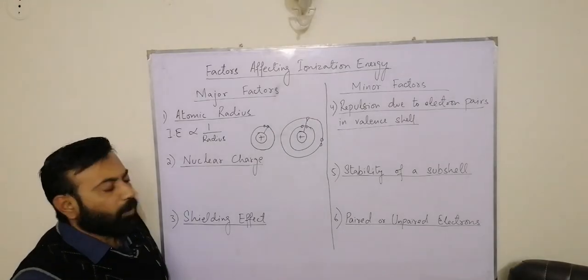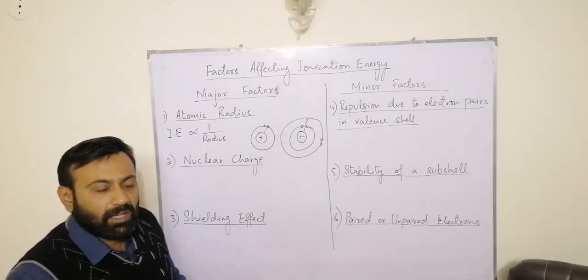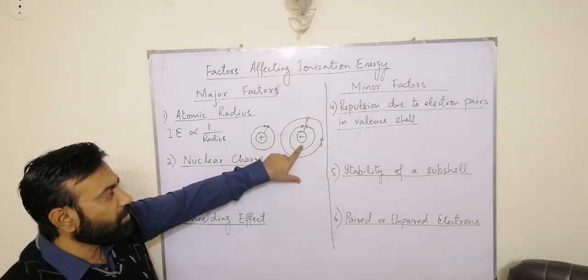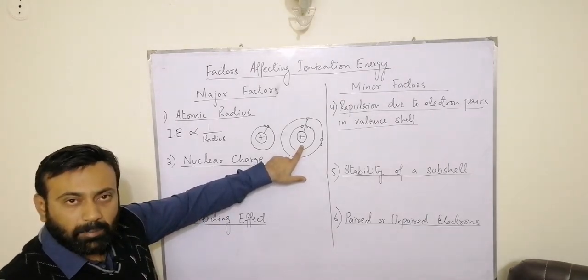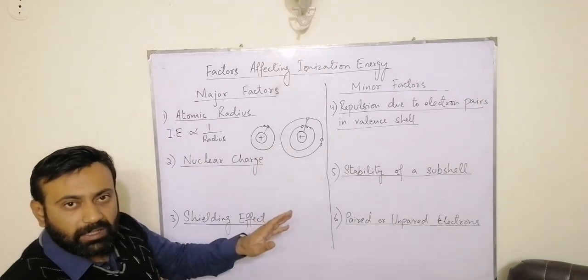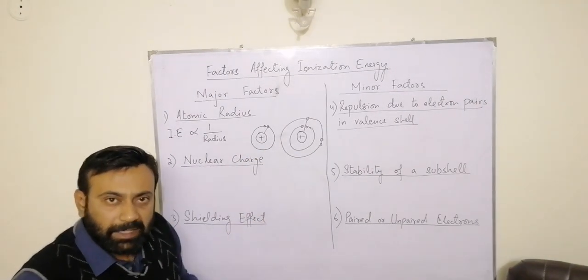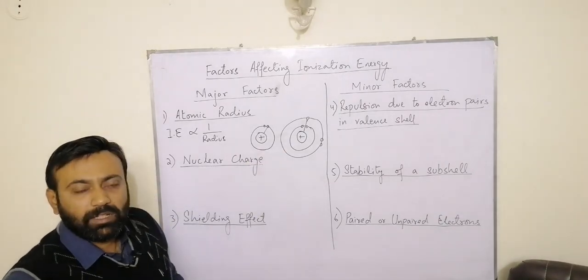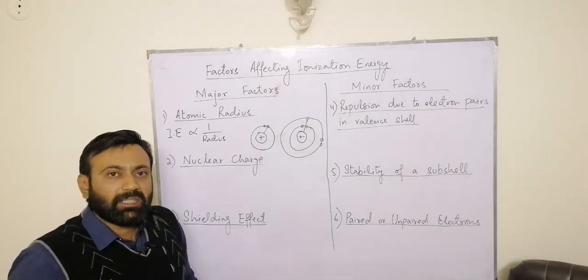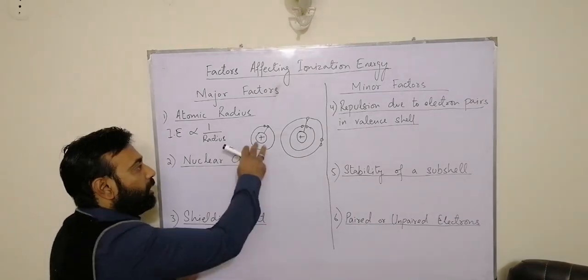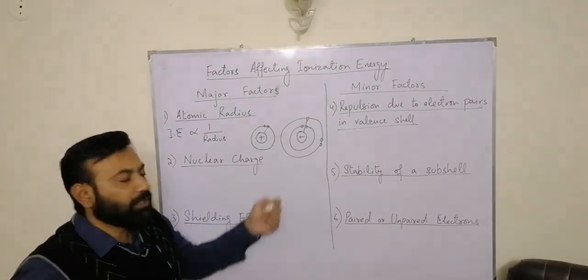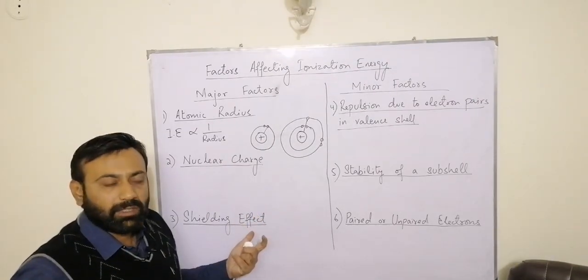Because the electrons in this atom are closer to the nucleus. So we can call it the effective nuclear charge. Although the nuclear charge is greater in this atom, the effective nuclear charge is greater in this atom because of a smaller radius. These electrons will experience a stronger force of attraction from the nucleus as compared to this one, due to being closer.